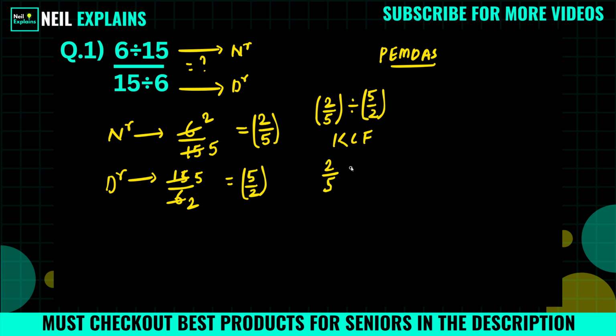We will change the division into multiplication, and 5 by 2 will be flipped and become 2 by 5. And this is simply 2 into 2 by 5 times 5, which equals 2 times 2, that is 4, and 5 times 5, which is 25, so 4 by 25. So your right answer is 4 by 25.